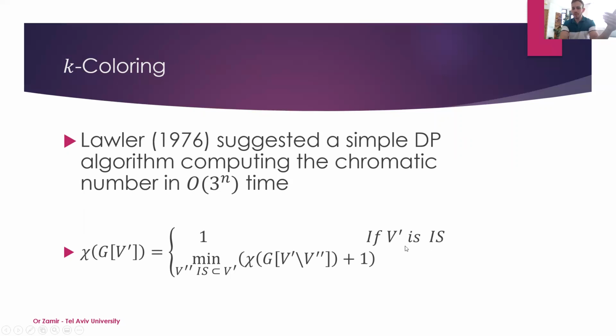And if it is not an independent set, we can go over all independent sets within it and color each by one new color, plus how many colors we needed for the rest of the graph. So we basically peel off one independent set and the rest we just use the dynamic program to compute, and we take the minimum over all choices of independent sets. This would give us the chromatic number of every induced subgraph and in particular of the entire graph, and you can verify that this takes 3 to the n time.